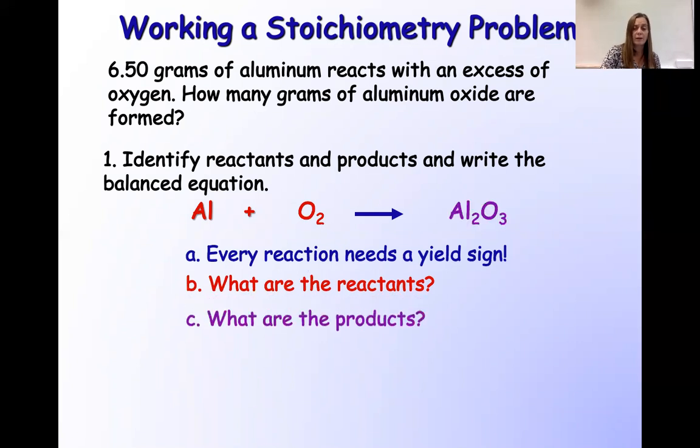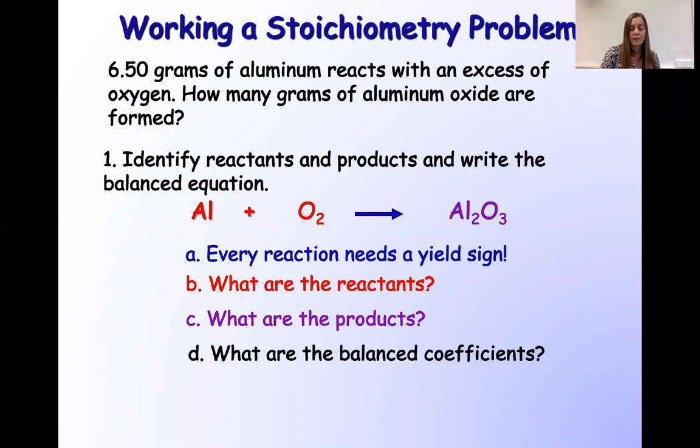Now, as always, when we're writing an equation, we want to make sure that we've written aluminum, oxygen, remembering that oxygen is diatomic. So when oxygen's by itself, it needs a subscript 2. And then that our ionic compound is neutral. So aluminum has a +3 charge, oxygen has a -2 charge. So the formula for the compound is Al2O3.